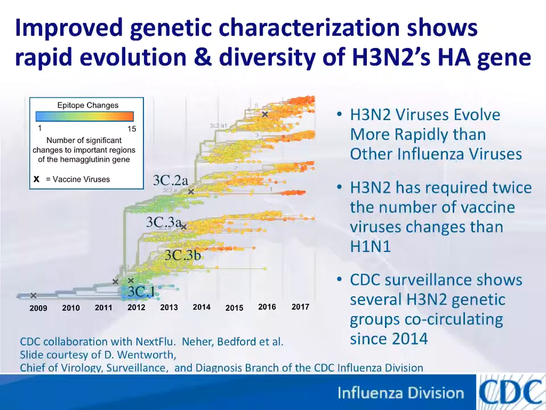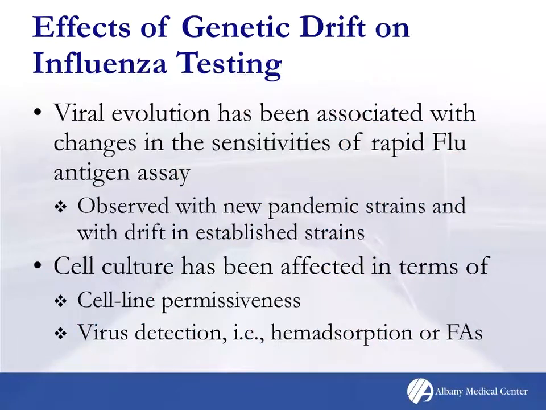And if you recall, back in the 2014-15 season, there was emergence of virus clades that were causing vaccine failure. And those were due to the 3C2As and the 3C3As.